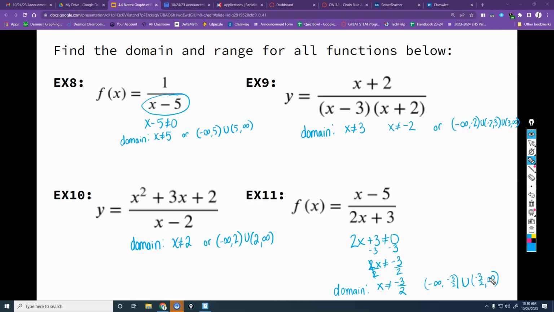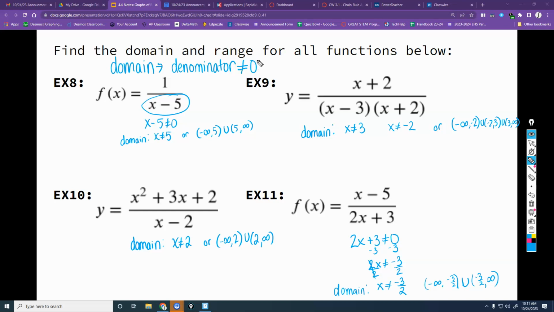Okay, so for these, let's summarize up here. For domain, what are we looking at? How do we find the domain? What can we not have? 0 where? Denominator, the bottom of the fraction. So the denominator of the fraction cannot equal 0.